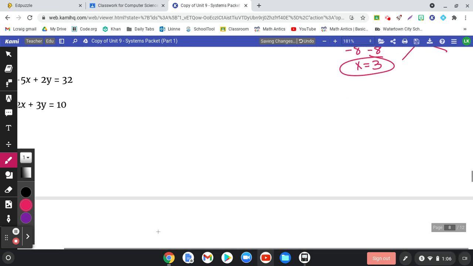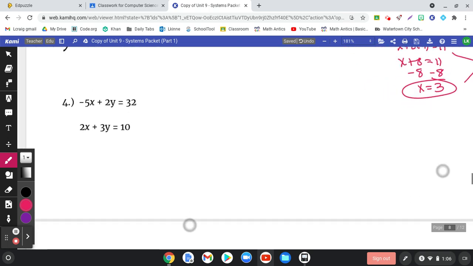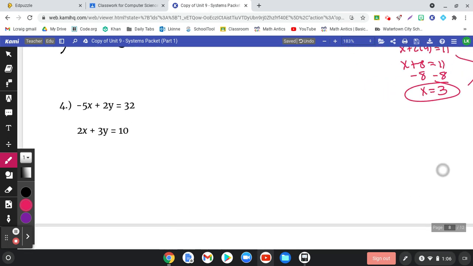All right, let's look at one more example, and then that will be it for this method, and all we have to do is do some practice, look at some word problems, and we are done. All right, so we're going to multiply the top equation by the starting number in the bottom, and multiply the bottom equation by the opposite of the starting number in the top.